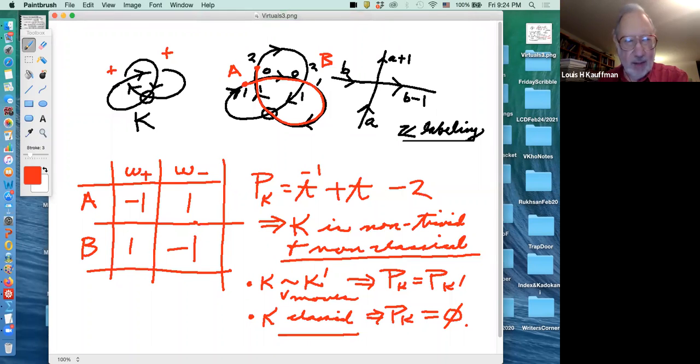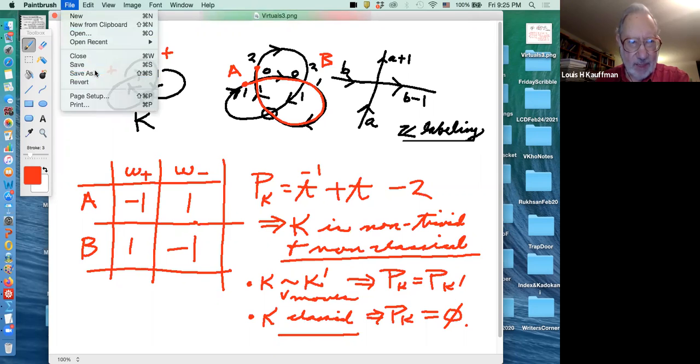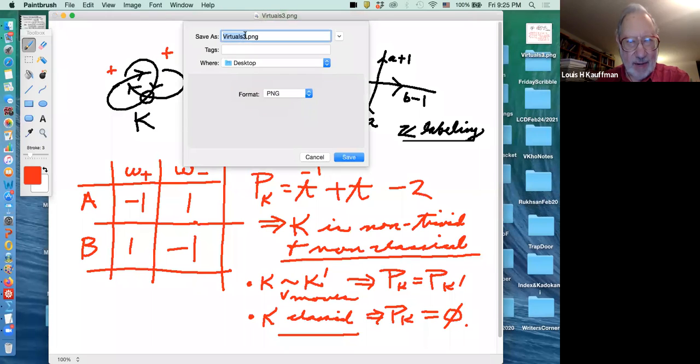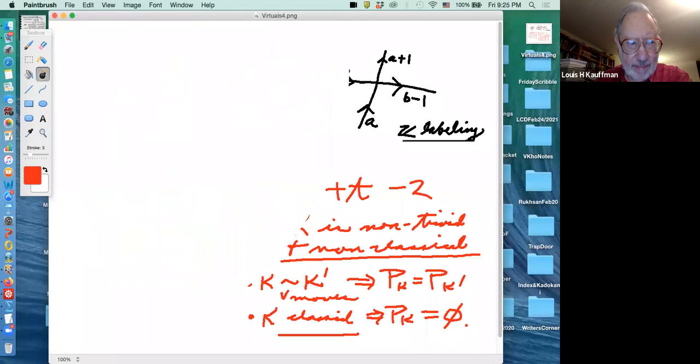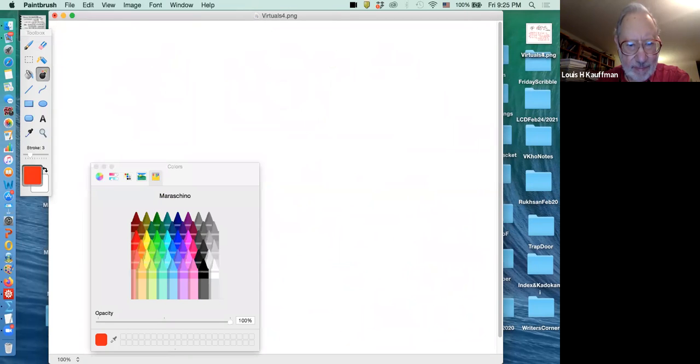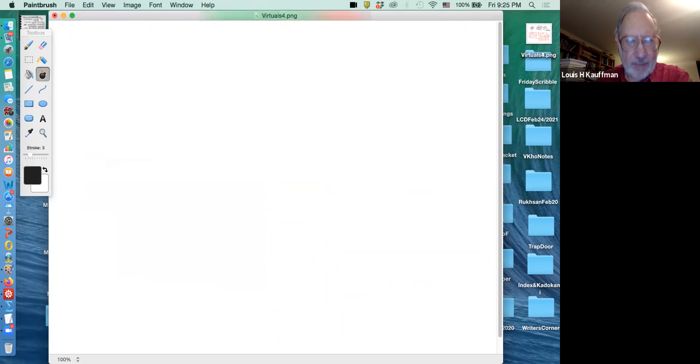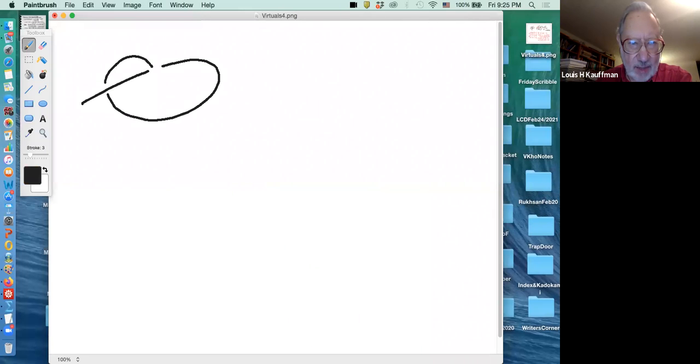So now let's do one more exercise with this invariant, just for the sake of completeness, and check that the example that I showed you is non-trivial. So here's our example again: the knot obtained from the trefoil knot by doing a virtualization of one of its crossings.